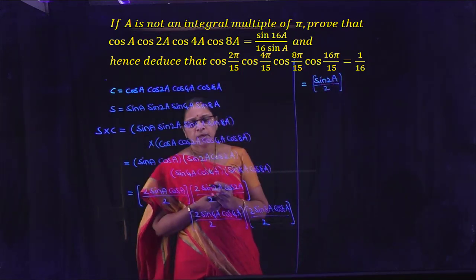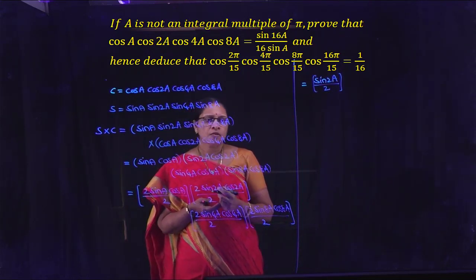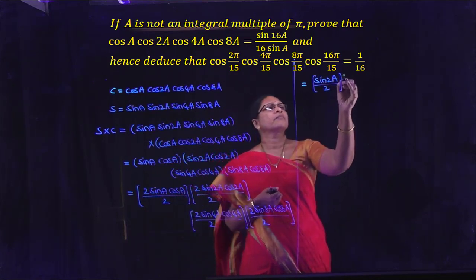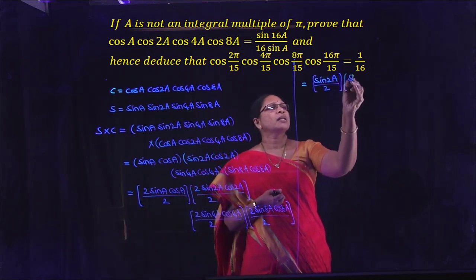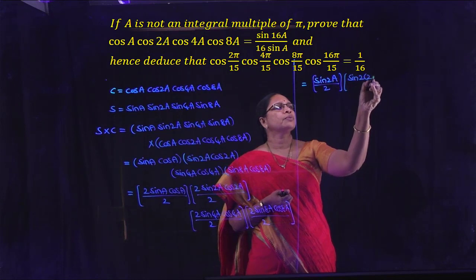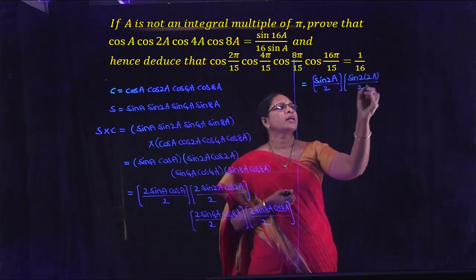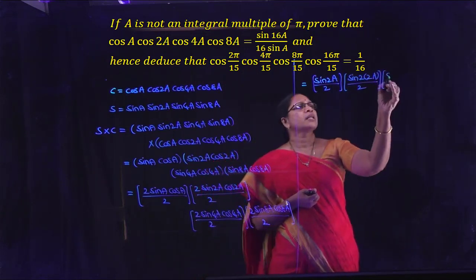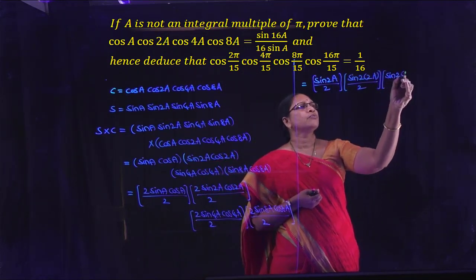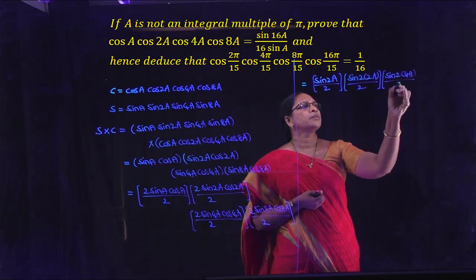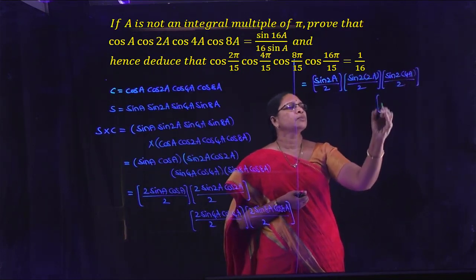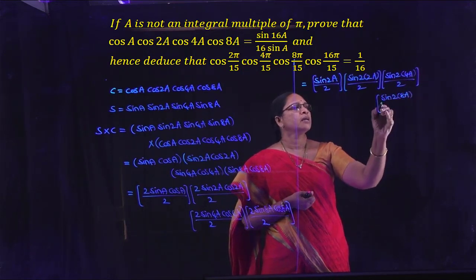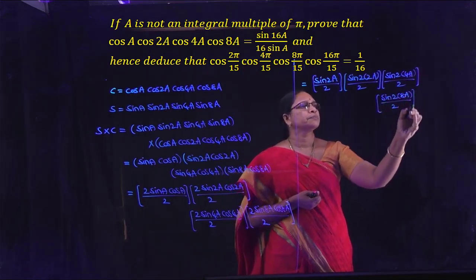And in the second bracket, which is in the form of 2 sin A cos A, applying this formula, we get sin 2 into 2A divided by 2 into sin 2 into 4A by 2 into sin 2 into 8A divided by 2.